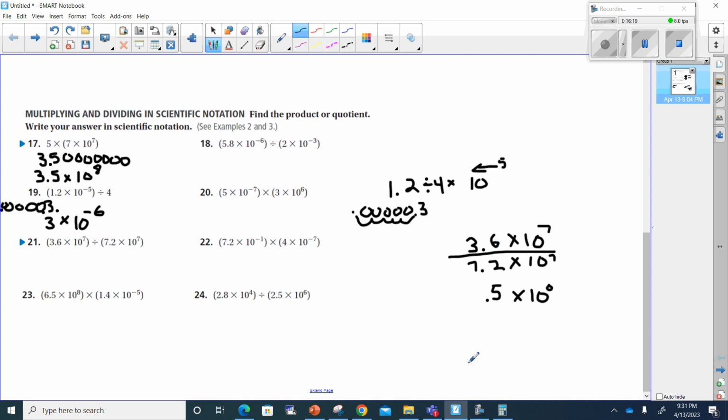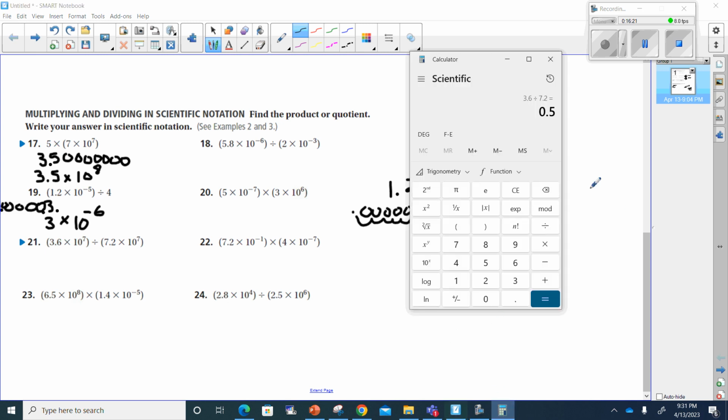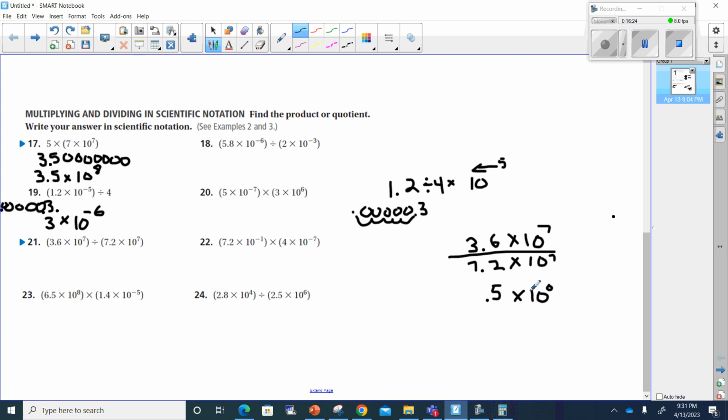Is that 5 or, hold on. Yeah, it was 0.5. So this is 0.5 times 1. And if we're moving this back forward, well, that tells me we have to come forward, and that's going to be 10 to the, is that the first power or the negative 1 power?